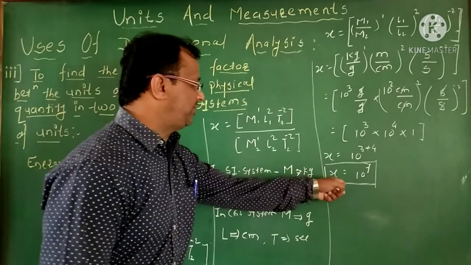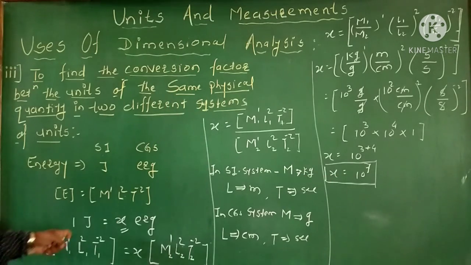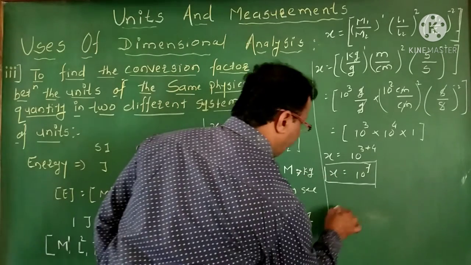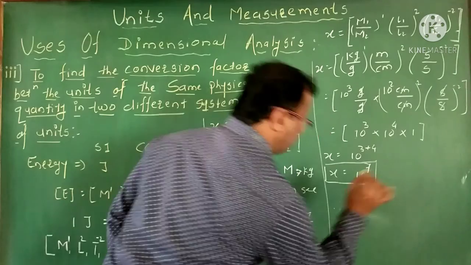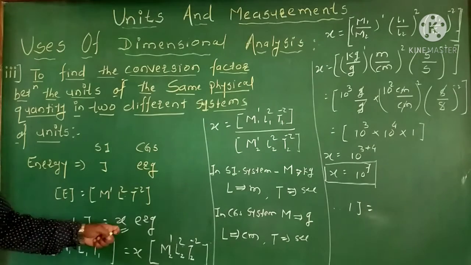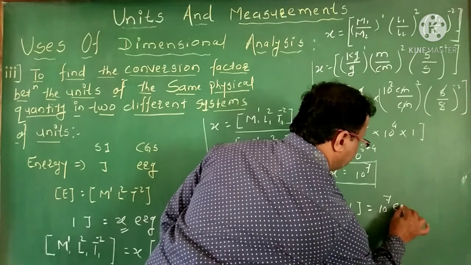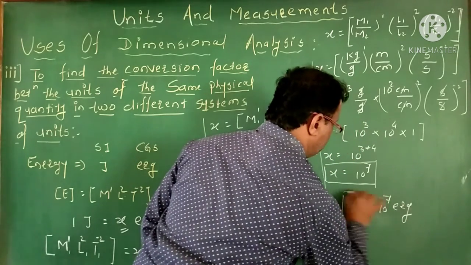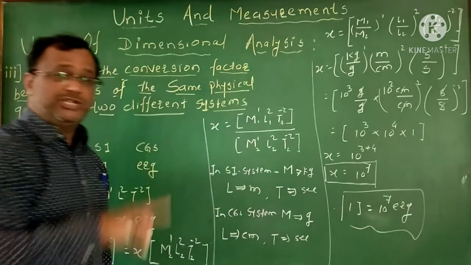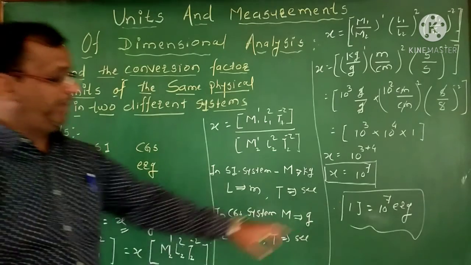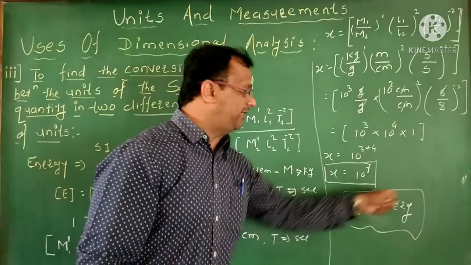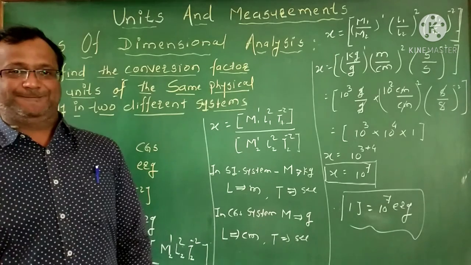So we want to substitute these values in this equation. Therefore 1 joule is equal to, here the value of x is 10 raised to 7, that is 10 raised to 7 erg. So here the conversion factor between these two systems is 10 raised to 7.